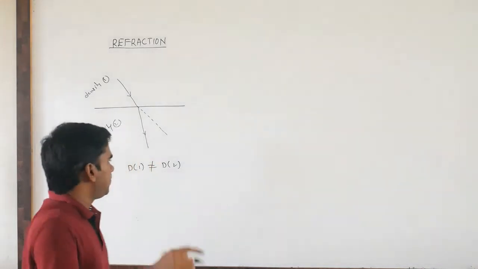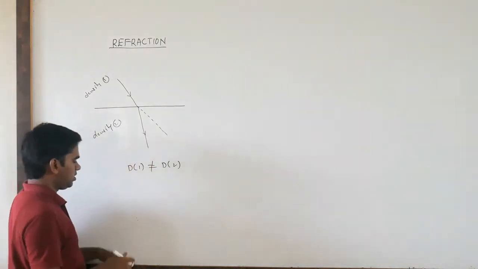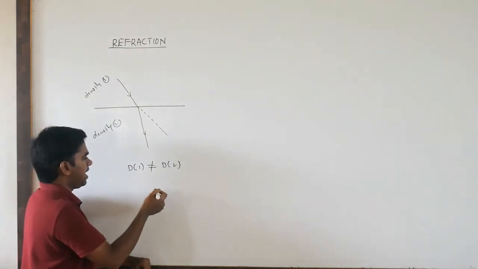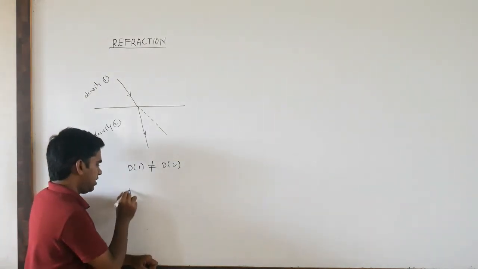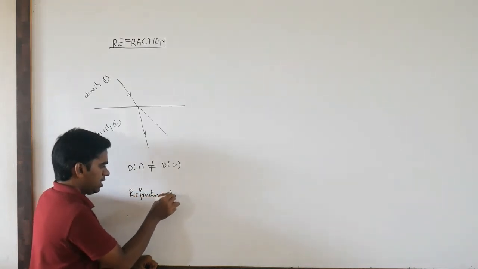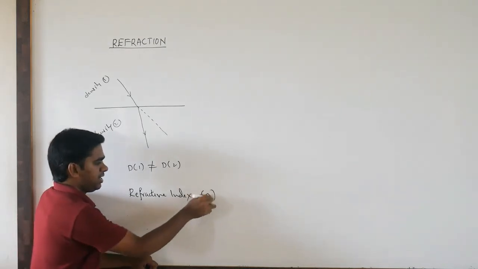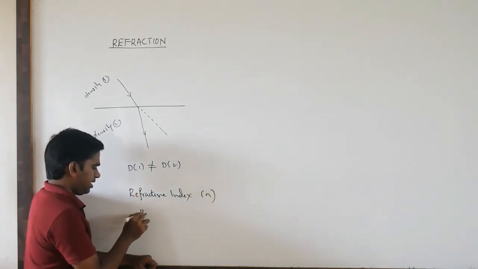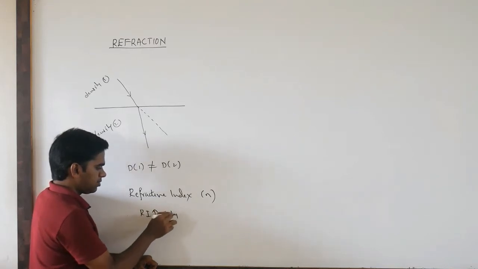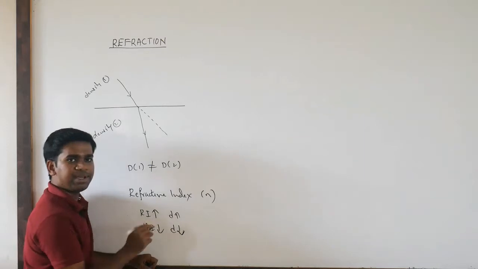To give the relation of density with velocity, we use another tool to represent the density, called the refractive index. In place of density, we are using the refractive index. If the refractive index is more, density is more; if the refractive index is less, density is less. We can compare like that.